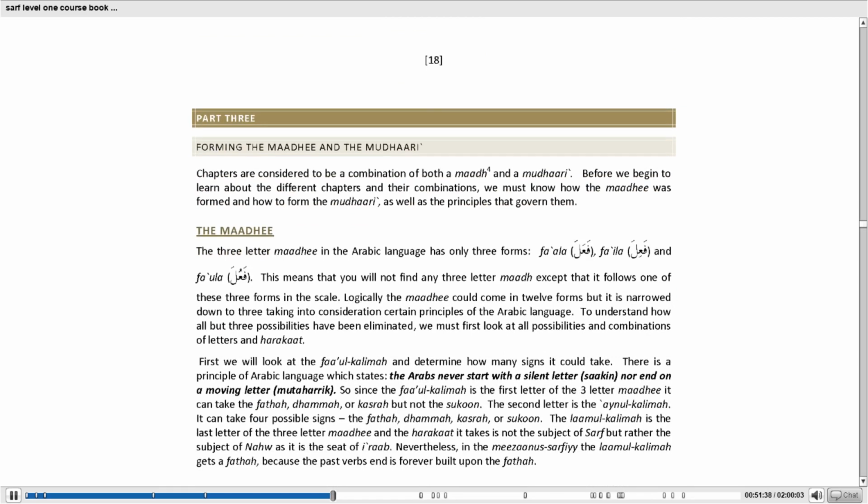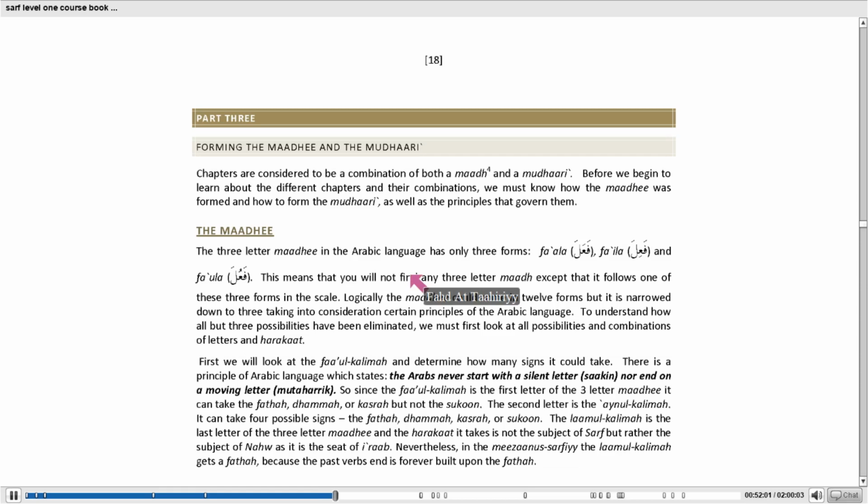Now let's teach you how to turn a ماضي into a مضارع, that is, how to turn a past verb into a مضارع. Any past verb which you want. Now we have to introduce to you something which is called chapters in Sarf, in morphology.